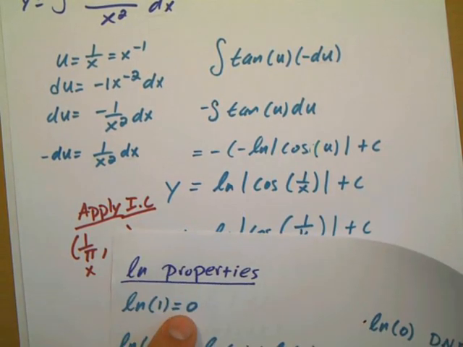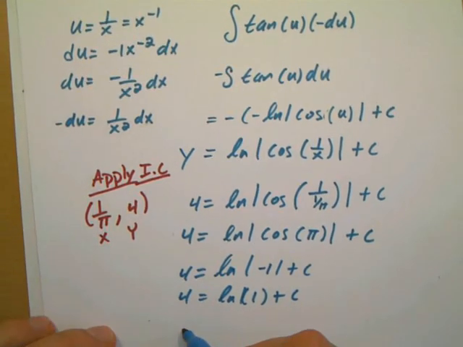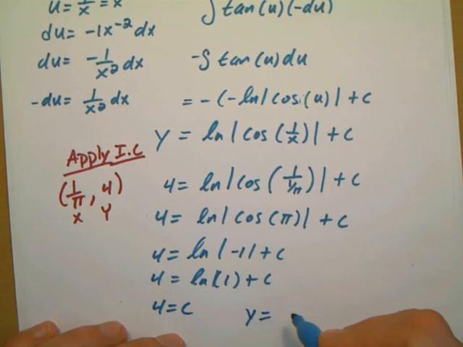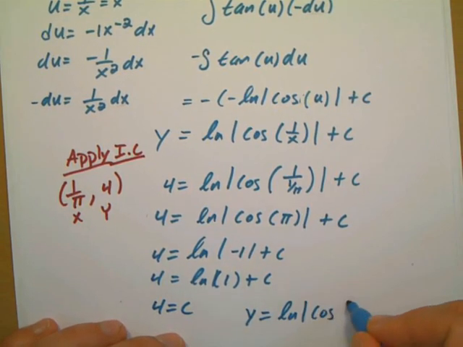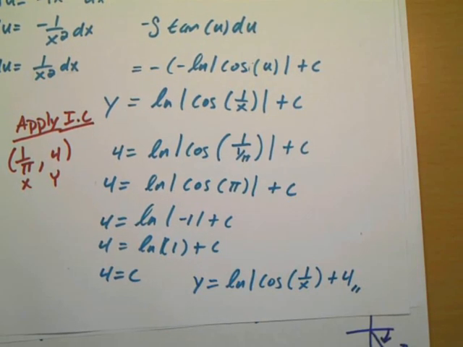And so ln of 1, luckily for us, doesn't get too funky or too weird. It's going to be 0. So it's going to be 4 is equal to c. So your particular solution is going to be ln, absolute value, cosine of 1 over x plus 4. And that is your particular solution. And we are done with this video.